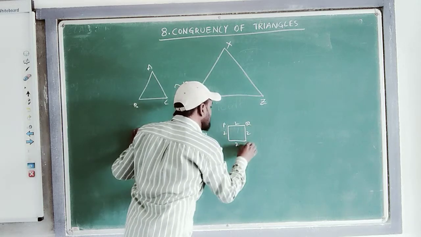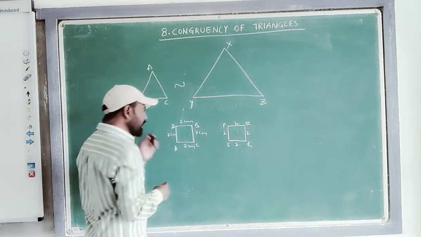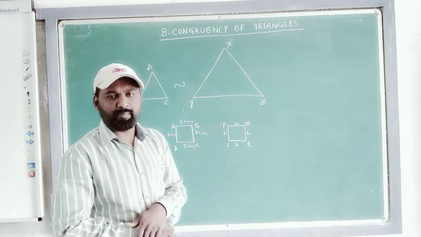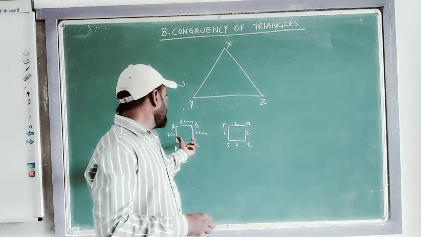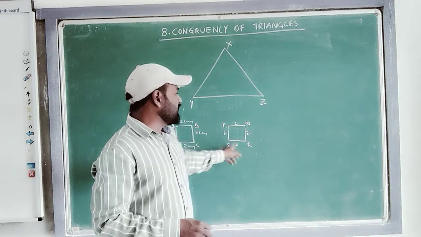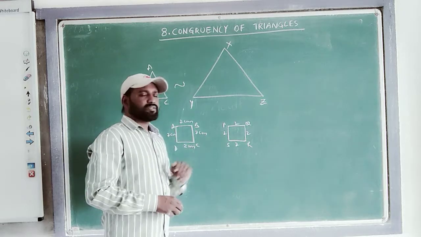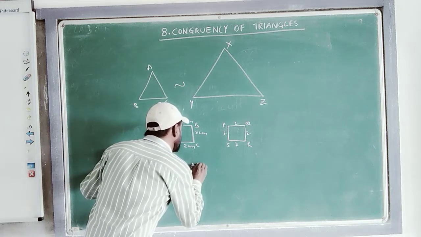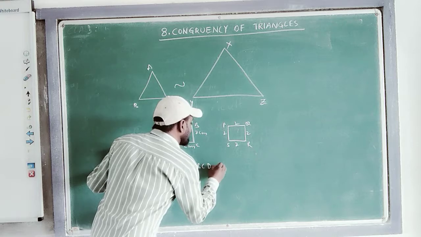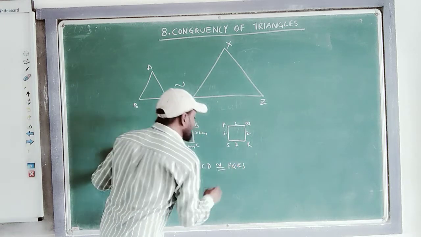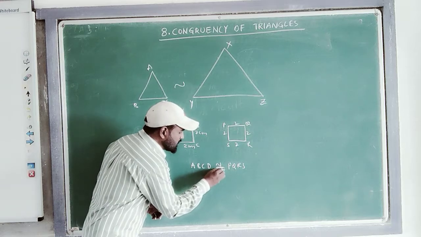Now I am naming it PQRS. Both are of exact size and exact shape. Same size, both are 2 centimeters, and shape also, it is a square, it is also a square. So now we can say ABCD square is congruent to PQRS square. Here this is the symbol of congruency.